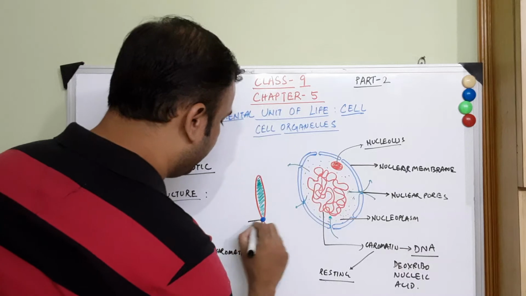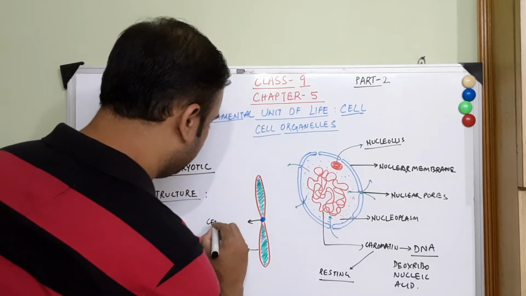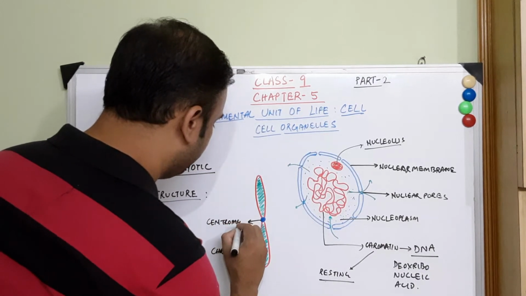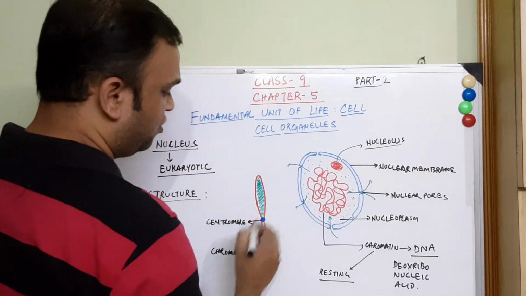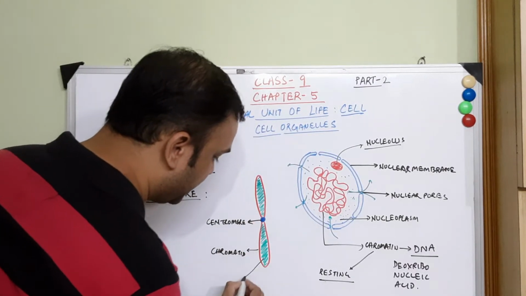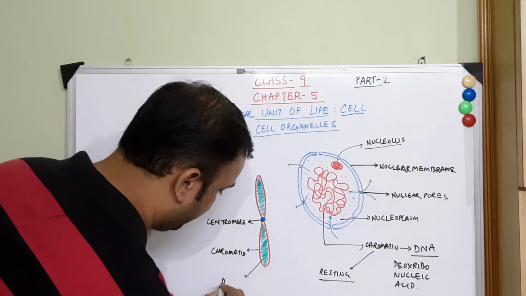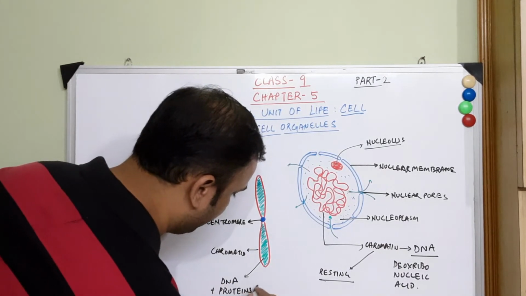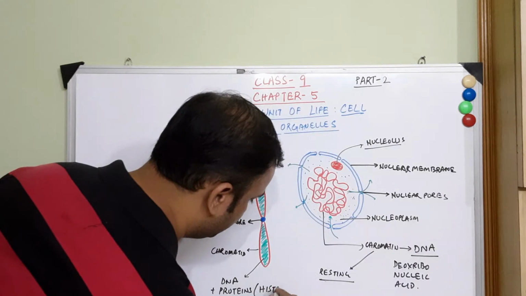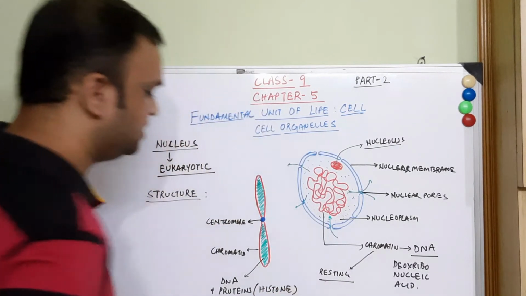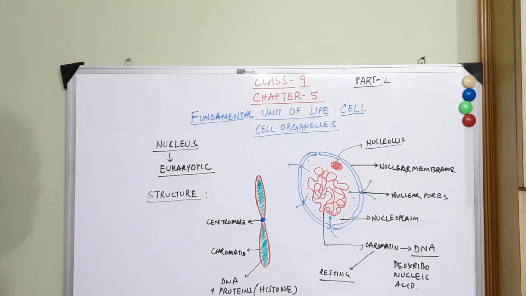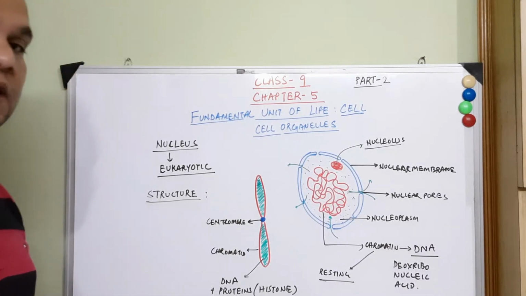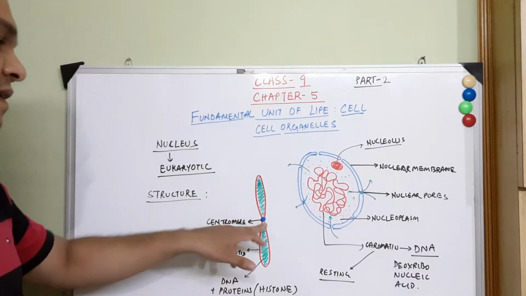At the center we will find the centromere, which holds the chromatids, and these chromatids are formed of thread-like structures, which are the DNA along with proteins. If you want to know the name of the proteins, they are histone proteins. So these histone proteins along with the DNA are present inside the chromosomes. Chromosomes are formed of chromatids and held by the centromere.